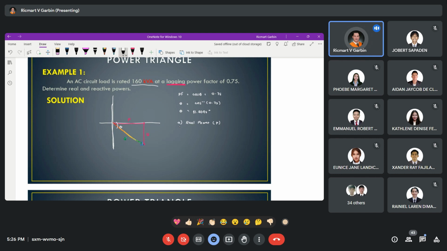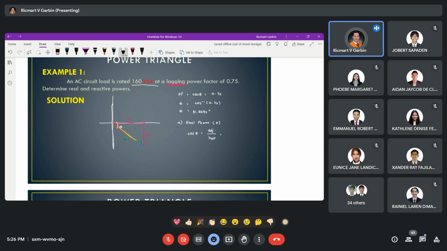Anong trigonometric identity? Okay, so cosine. Di ba sabi natin, ang cosine of theta is equal to the adjacent over hypotenuse.